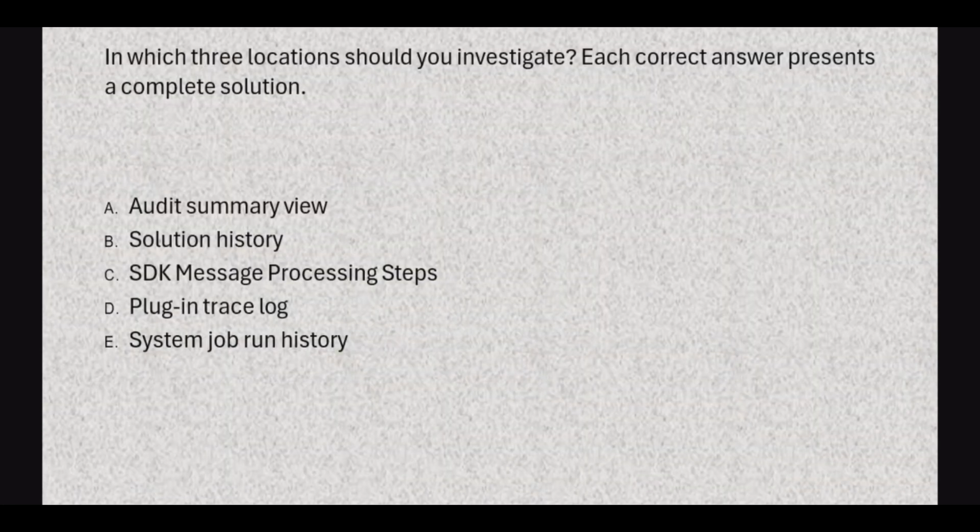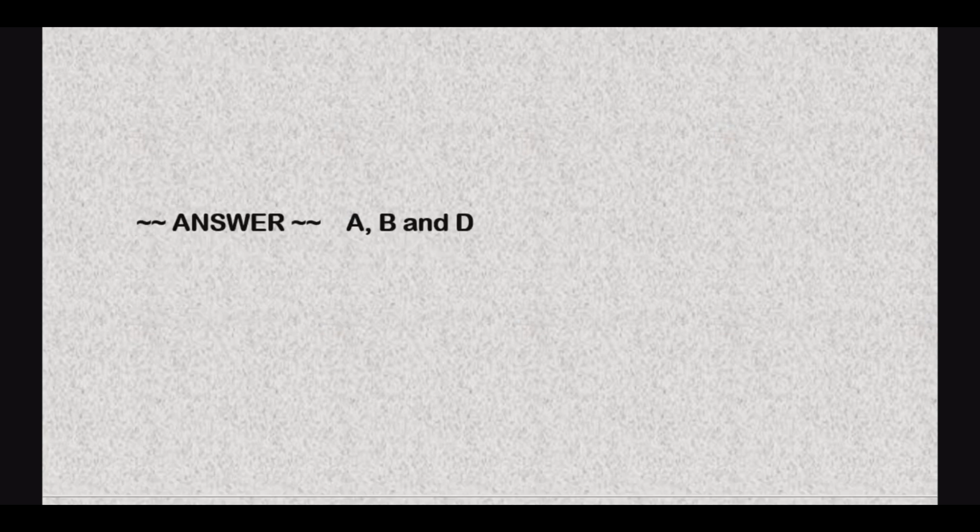The options are option A, audit summary view, option B, solution history, option C, SDK message processing steps, option D, plug-in trace log, option E, system job run history. The correct answers are option A, B and D.